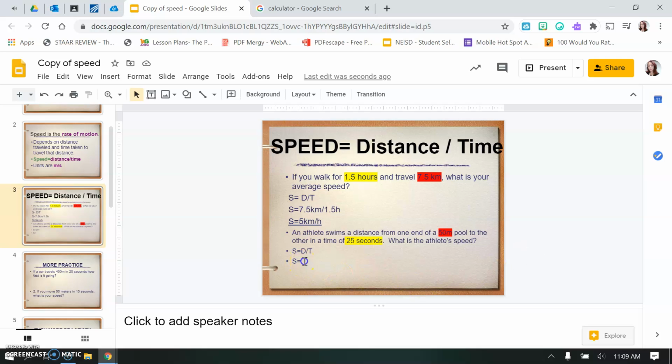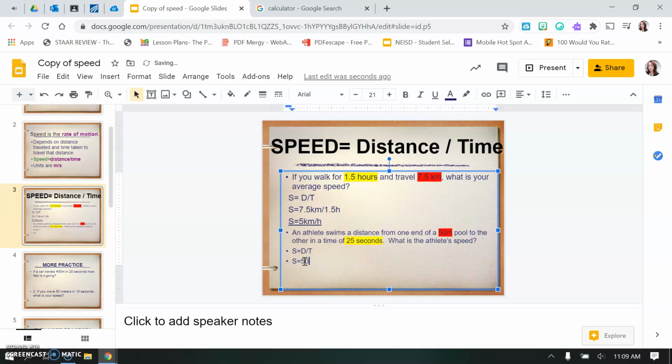So now let's insert our distance and time into the formula. Speed equals distance divided by time. Our distance is 50 meters. Our time is 25 seconds. So now we have our formula filled out. Our speed is going to be 50 meters divided by 25 seconds.